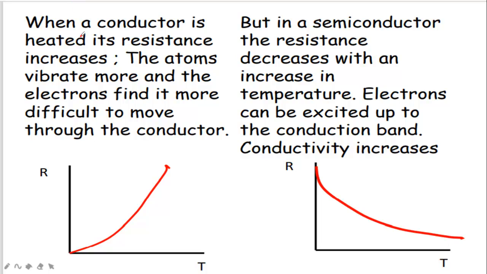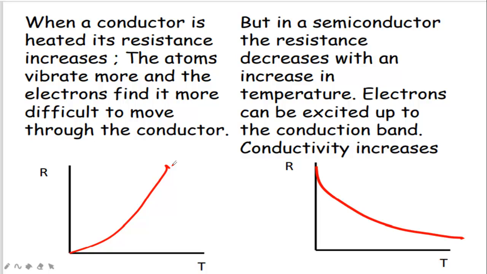When a conductor is heated, its resistance increases. This graph is for a conductor. We are increasing the temperature, and the resistance also increases in conductors. Please make a note. What does that mean?